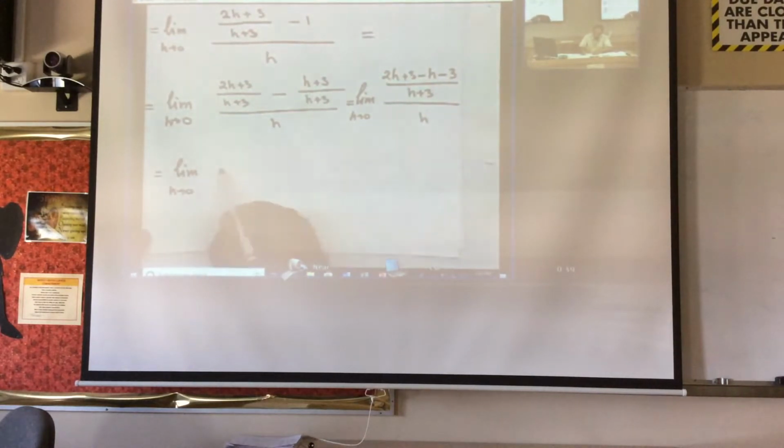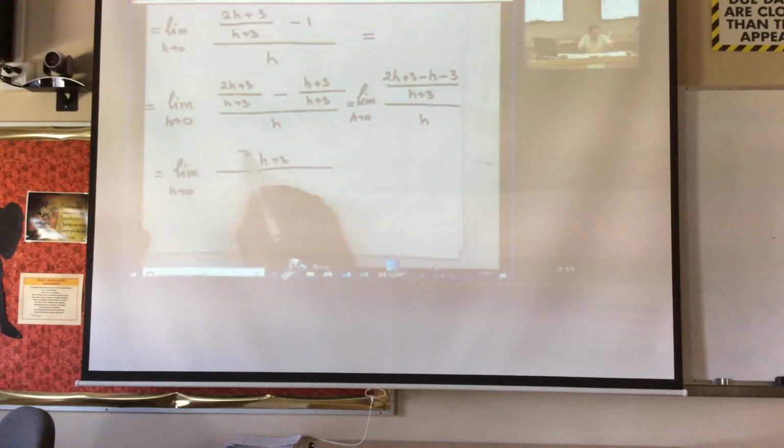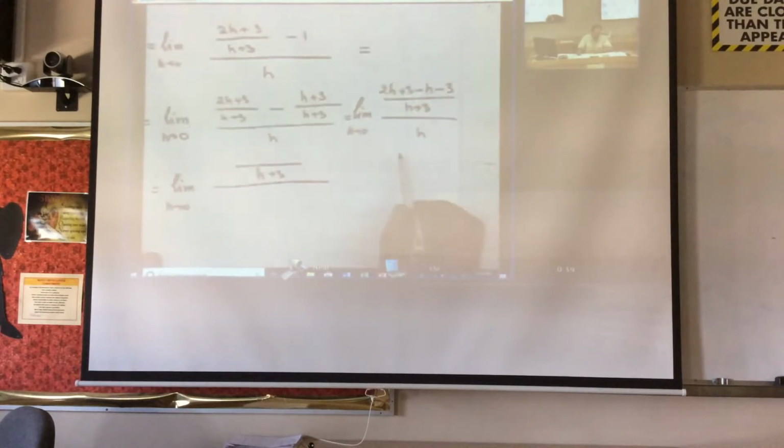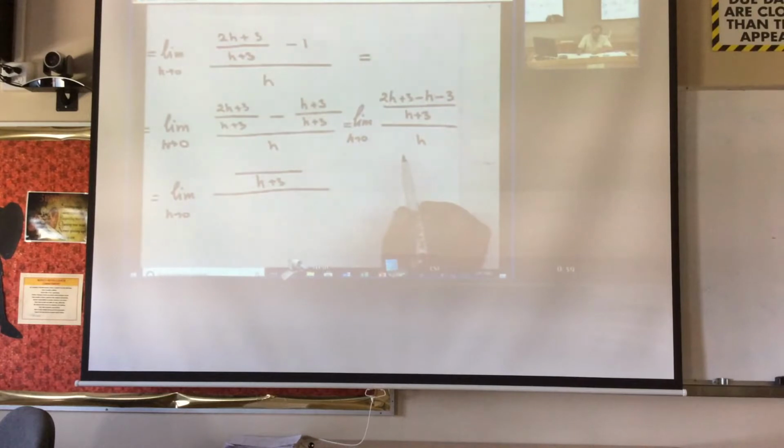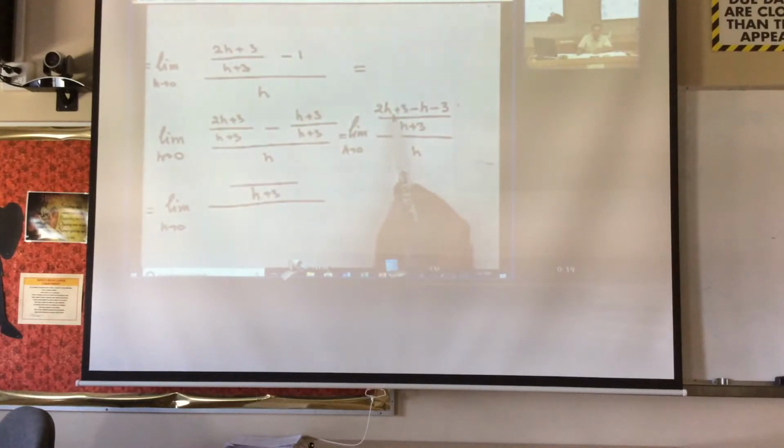So here we have h plus 3. And what do we have on the top? 2h plus 3 and minus h minus 3. So on the top, think about this piece, right? 2h minus h will be h, right? And 3 minus 3 is 0.